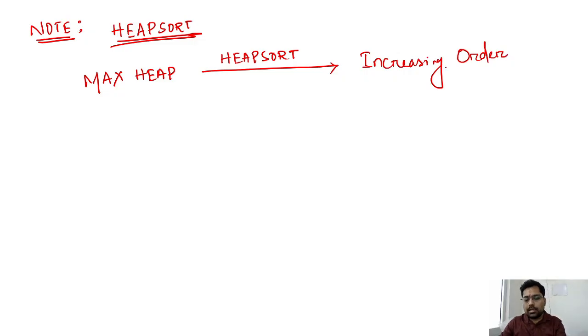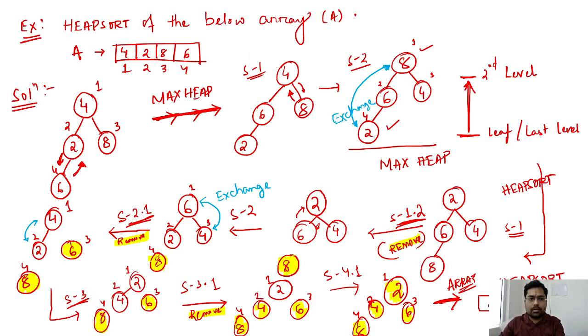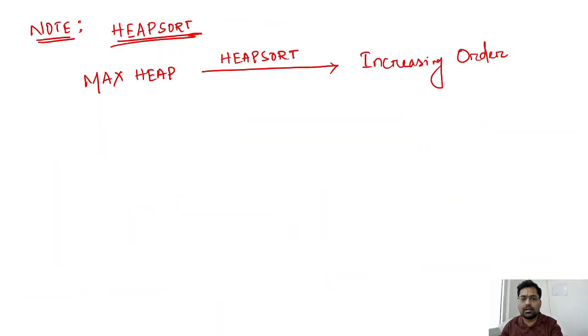You will get increasing order. You can check: here we have heap sort, we converted to max heap, then we ran the heap sort property, and we get 2, 4, 6, 8. 2, 4, 6, 8 is ascending order, or you can say increasing order.